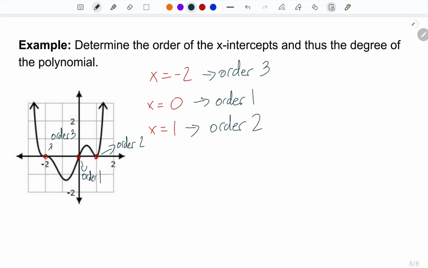So what we can do to figure out the degree of the polynomial, potentially, it's not necessarily exactly, because sometimes there might be other things going on in the graph that aren't present at the x-intercepts. But the degree could be, well, degree equals, I'll just say, add up the orders.